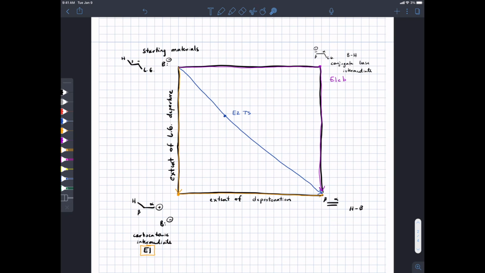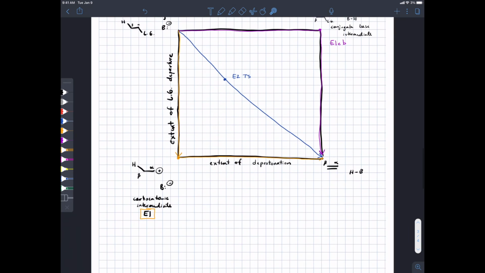So let's just use this diagram to talk about things that might bias the equilibrium towards one of these things or another. All right. Let's see. Let's first consider what having a stronger base would do.